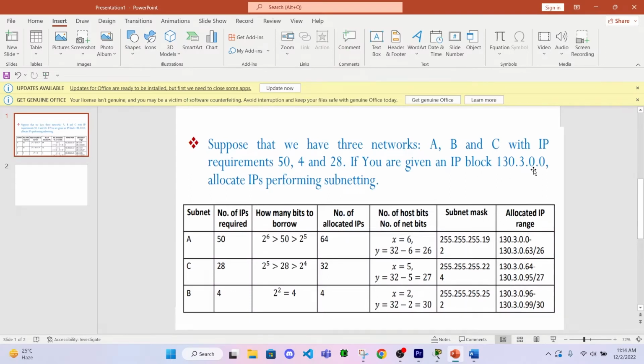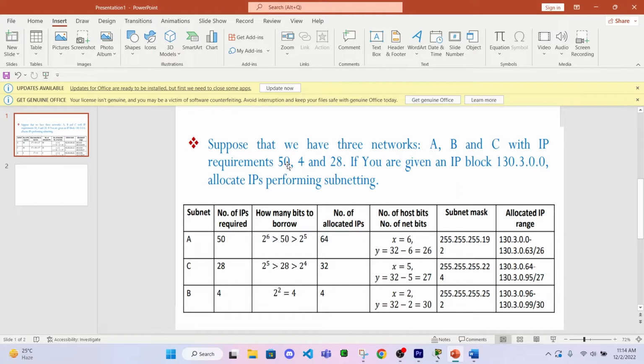So in this VLSM, you are given three network IPs. The values are 50, 4 and 28. To do VLSM, first you order them in descending order.